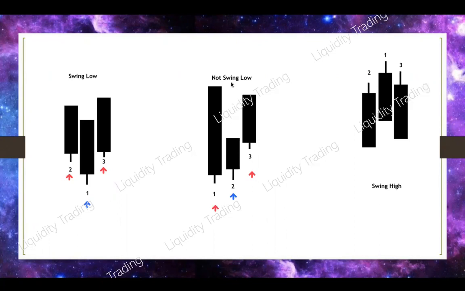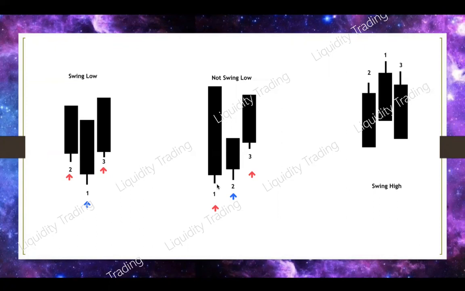Now what is not a swing low is a formation that doesn't have two higher highs on both sides. So let's say from this number 1 level, this wick, I will not be able to use the fib as it's not a swing low.